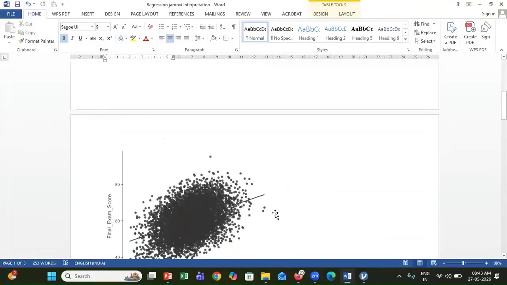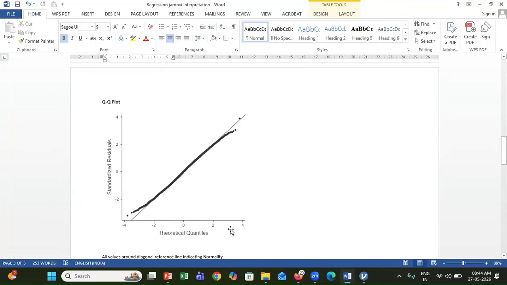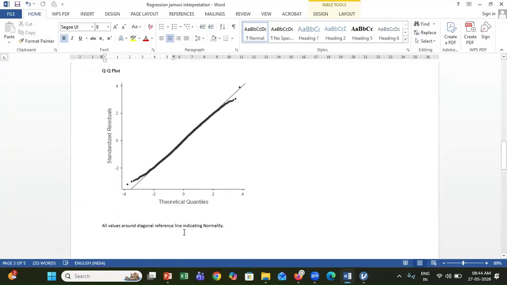Next, we create a scatter plot between study hours and final exam scores to visually inspect the relationship. And here you come to the conclusion that there is a linear relationship between final exam score and study hours. We have even examined the normality through the QQ plot, and all values are around the diagonal reference line, indicating normality.